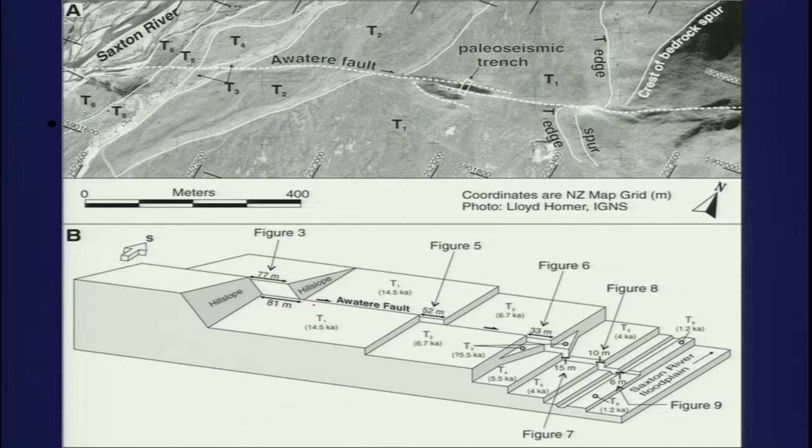So, they show that the older as well as younger surfaces were displaced along this fault, and the older one will show a sort of cumulative displacement of what we see in the younger one. Okay. So, this also has been taken up by the older. So, if you look at the hill slope, you have the mountains here which show a displacement of 81 meters, and then T1 has been displaced by 45, 22, 33, 10 and 6 here.